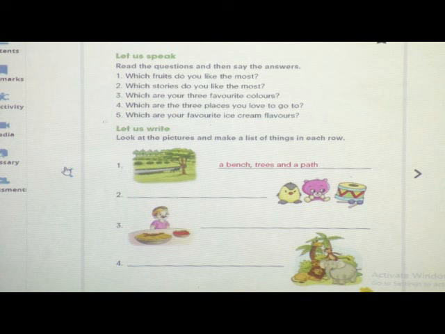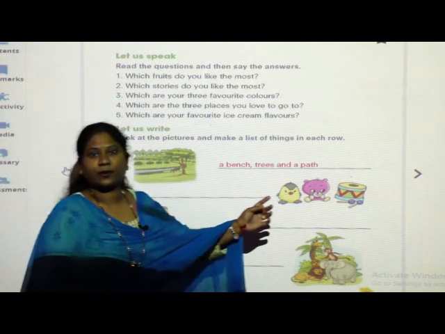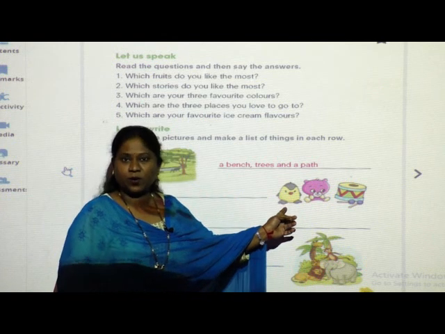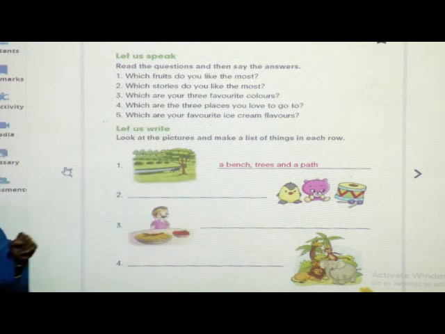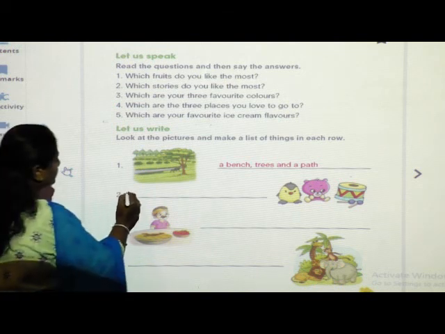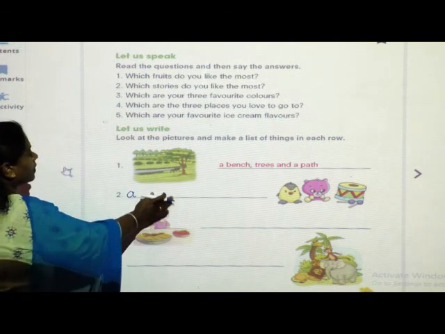In the second picture you can see three things. One is a teddy, one is a penguin and the other is a drum. Okay, a penguin. What will you write here?